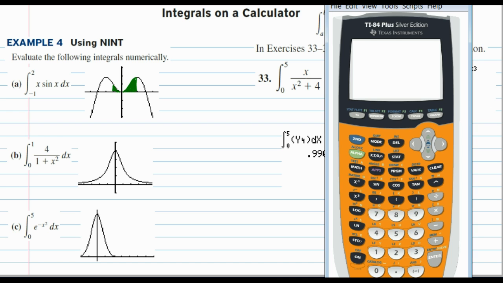So what I will do is go to math number 9. There it is, FNINT. See that? NINT kind of. So number 9, and then you just put the numbers in where they're supposed to go. So -1 is your lower bound of integration. Upper bound is 2. Your integrand is x sine of x, making sure you're in radian mode.